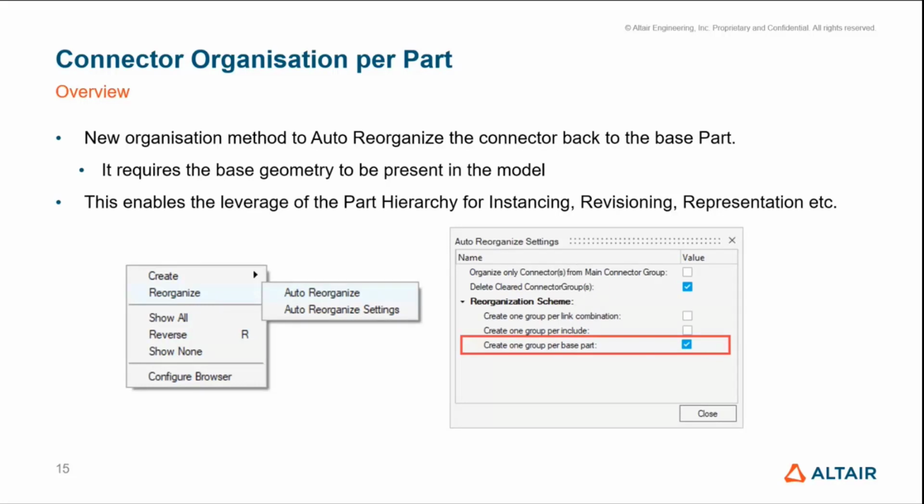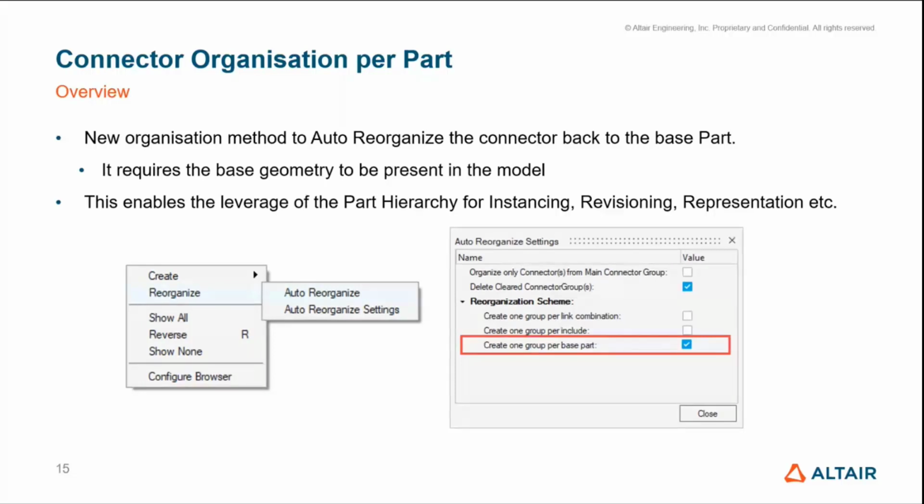And the final thing that fits into the part hierarchy and the part structure workflow is the organization by part. So we've added a new method in the auto organize or reorganize settings for reorganizing a connector back into its base part.